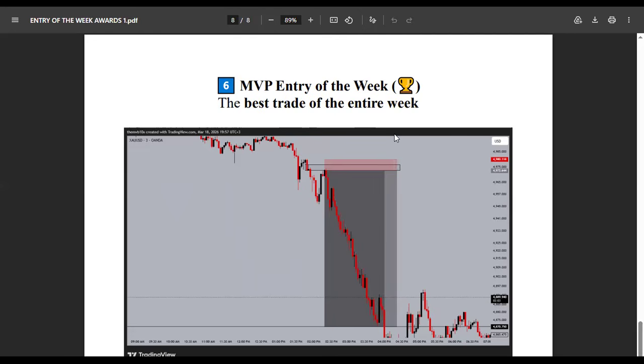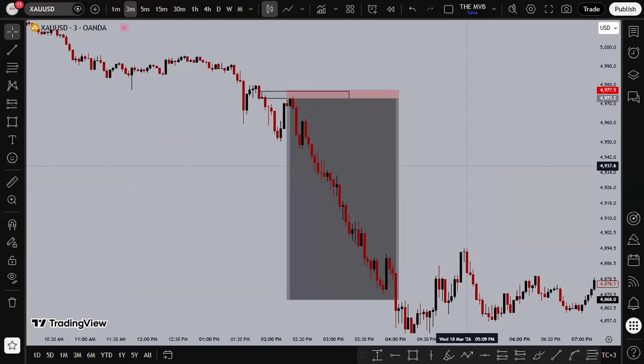So this, it had many features. First, it was like a sniper entry. It was an easy entry because we had just a break of structure with inside formation, okay? But we collected a full bag of pips, all right? So let's go and check how I executed this entry this week.